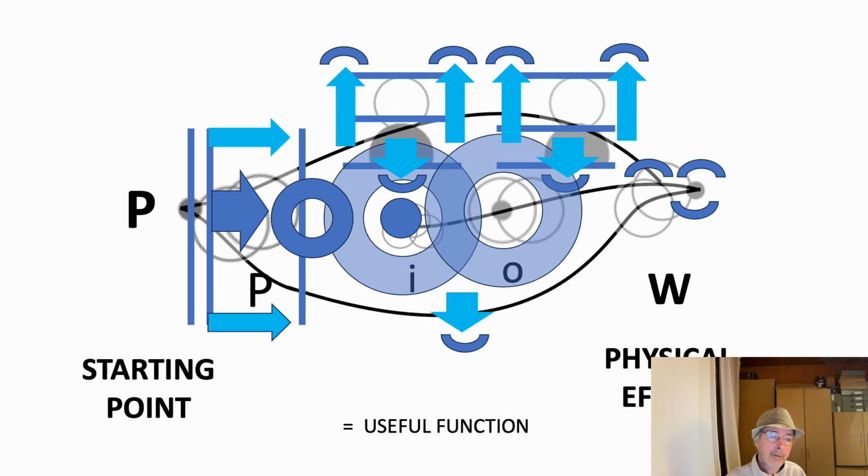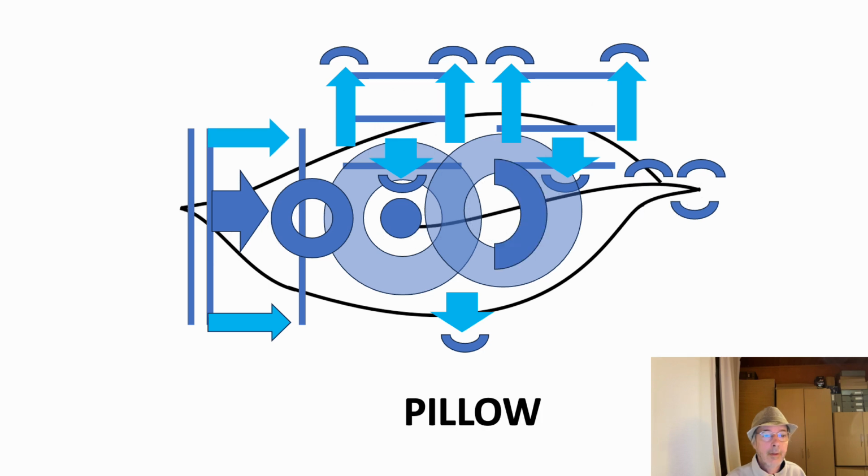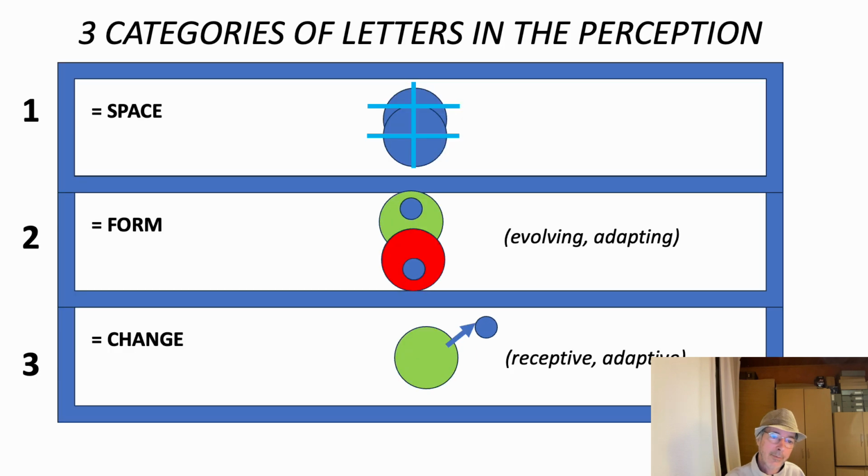So with a starting point of the P and with an effect of the W, we have here actually an object which has very much a physical effect, and this is the useful function that it is, and it is expressing this exactly as pillow. As you can see here, expressed with the pressures into smaller and larger scales.